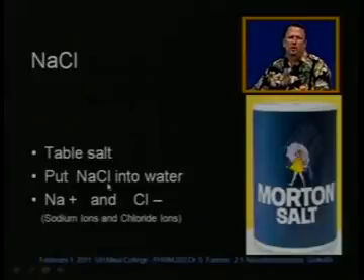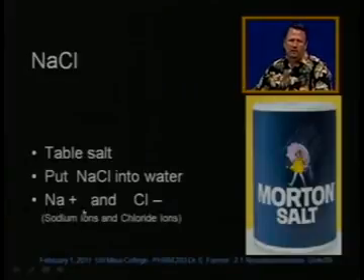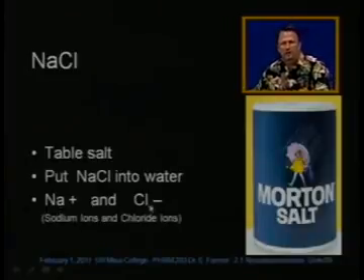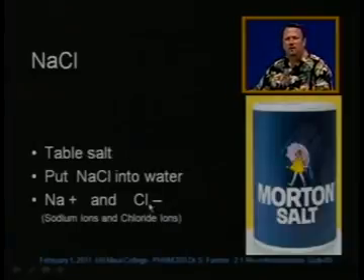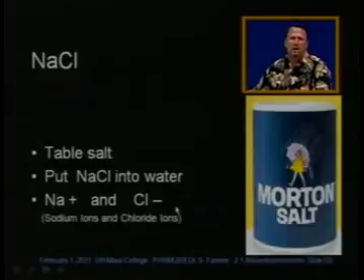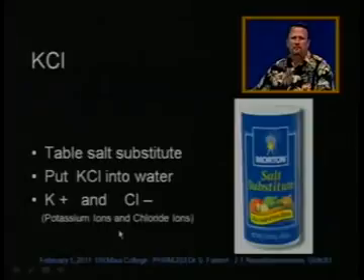We put the sodium chloride into water. We end up with sodium ions and chloride ions. And we're going to talk about sodium ions and chloride ions when we talk about central nervous system pharmacology and autonomic pharmacology all the time. And so sodium chloride, table salt. Sodium ions, chloride ions, the salt in the water.